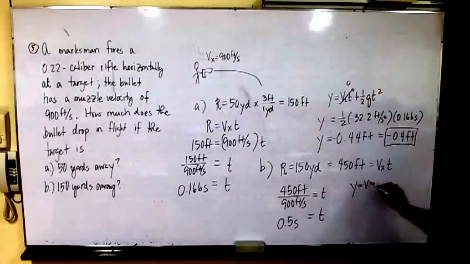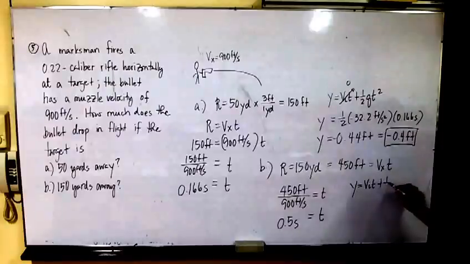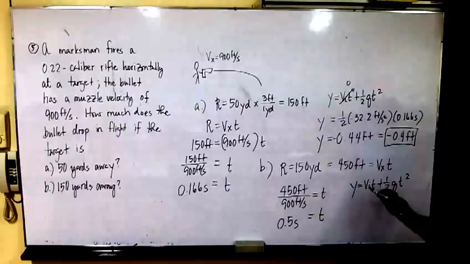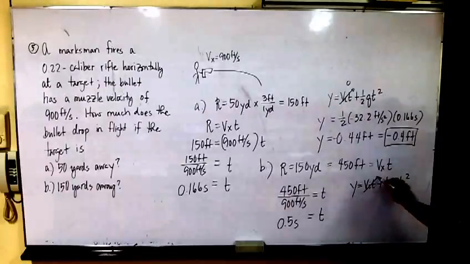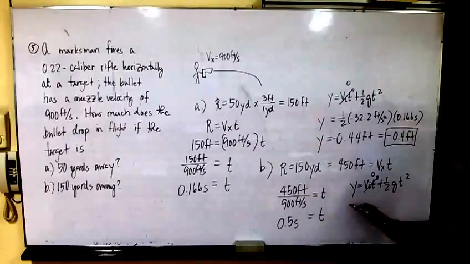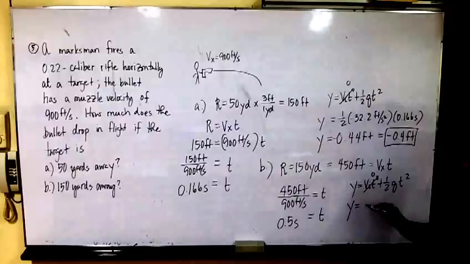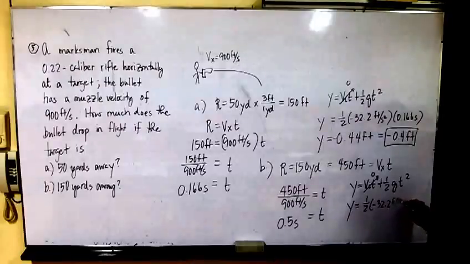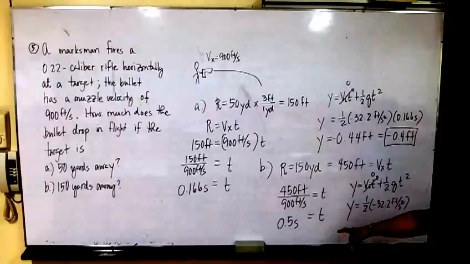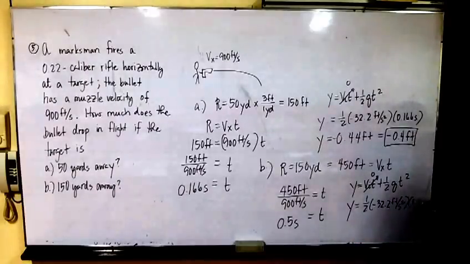Y is equal to V sub i t plus 1/2 g t squared. So V sub i t will give us 0 because V sub i is equal to 0. So Y is equal to 1/2 times negative 32.2 feet per second squared multiplied by time 0.5 squared.